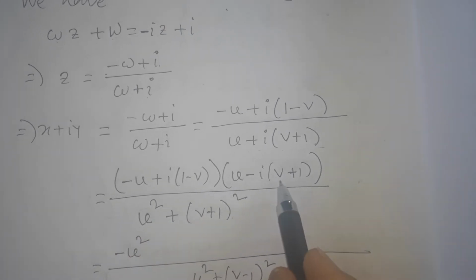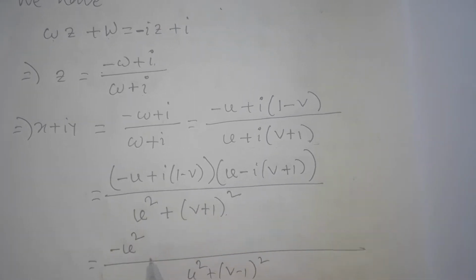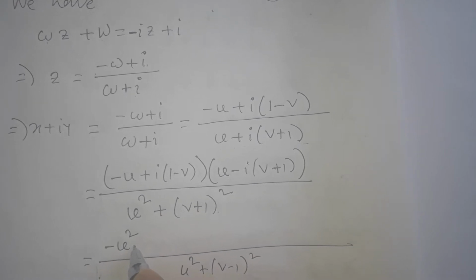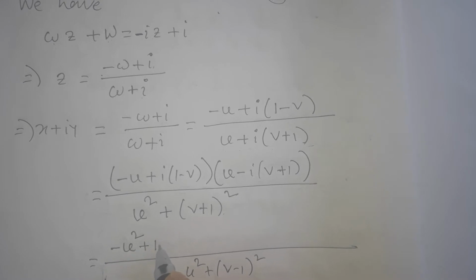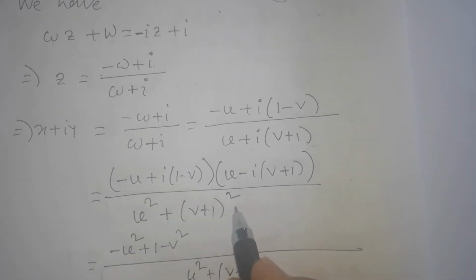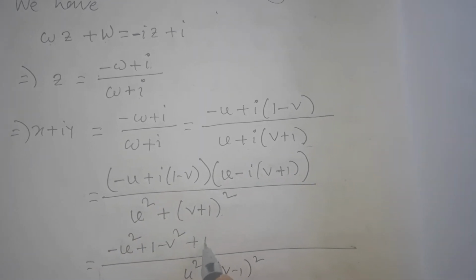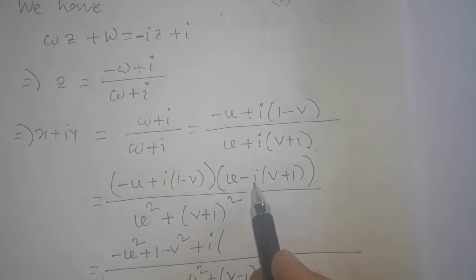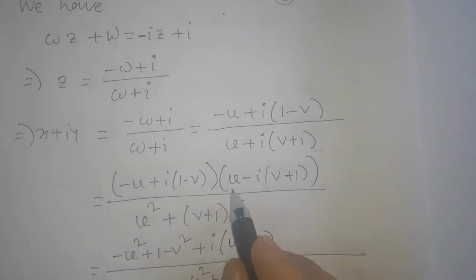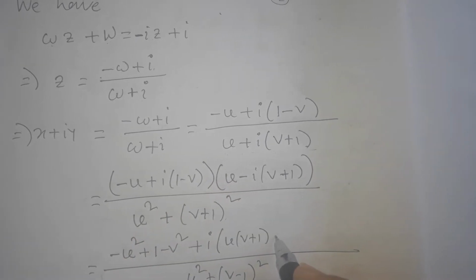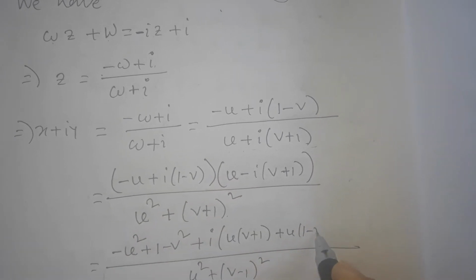What is the numerator? Minus u square. What is the real part? Minus i and i, so it becomes plus 1 minus v square, right? And the imaginary part: i times u and v plus 1, and here i times u and 1 minus v.